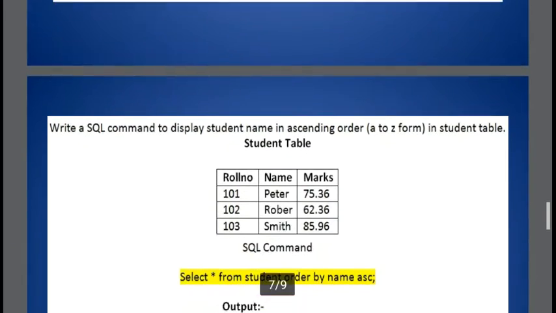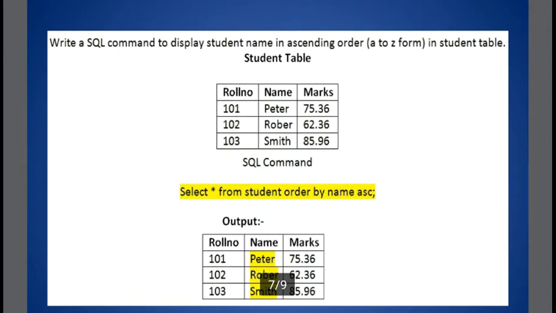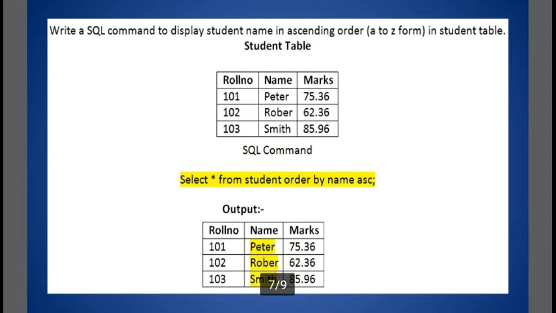Okay students, now the next command: I want to display data in ascending or descending order. Write a SQL command to display student names in ascending order, A to Z form. Ascending means A, then B, then C, then D. This is your student table. I want to arrange all the student names in ascending order. In the exam we will write our highlighted answer.